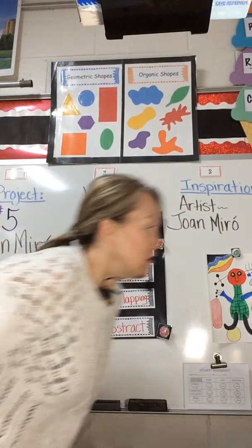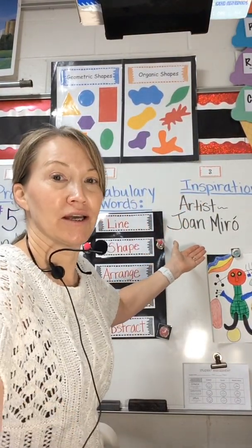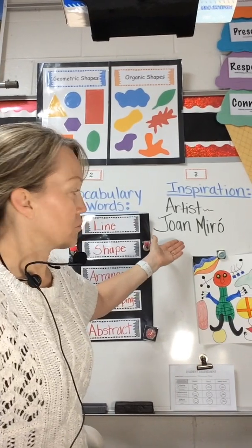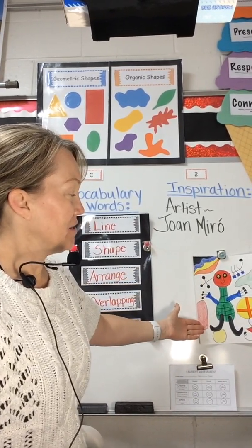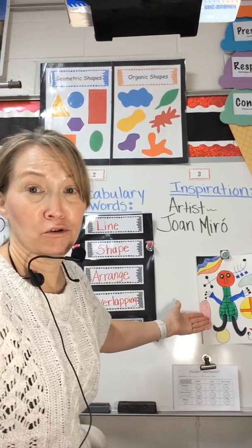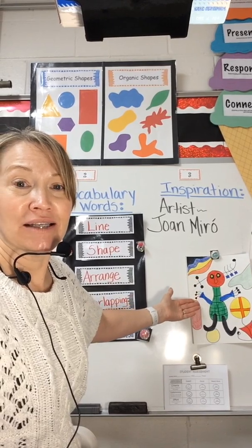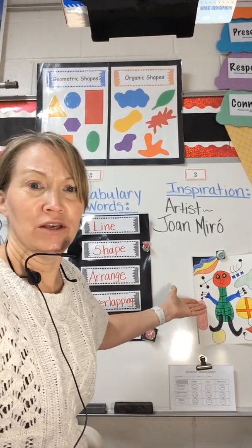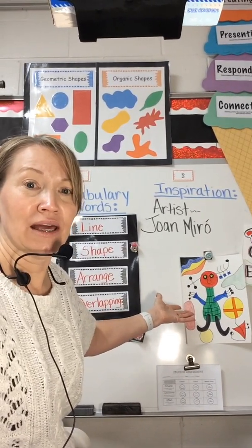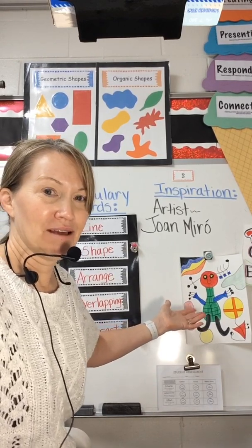So, if we look over here, our inspiration is Joan Miro, and this is an example of something that Miro would do, okay? And he might say, oh, this is a child playing outside. And you might be like, what?